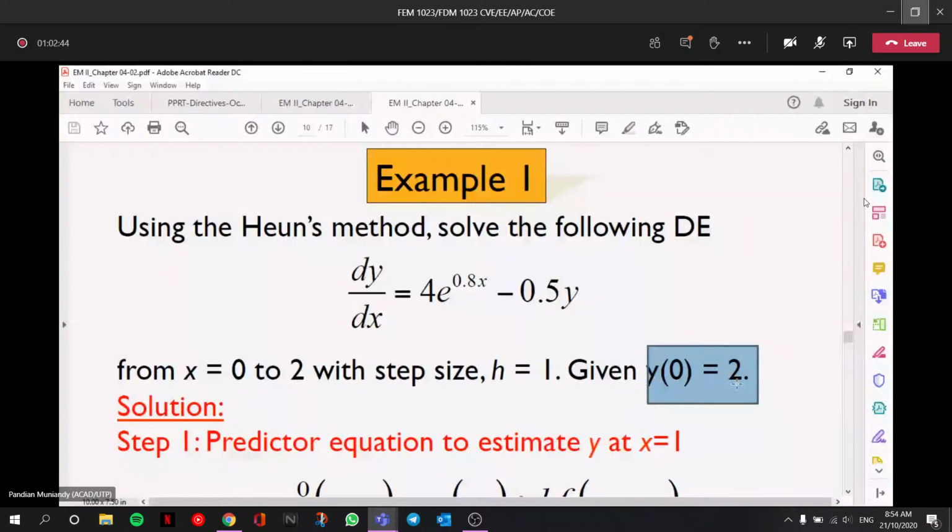At x equals to 1, we found out your y is 6.701082. That is output at x equals to 1. At x equals to 2, you found out y2, 16.319782, according to your answer, 82, right?